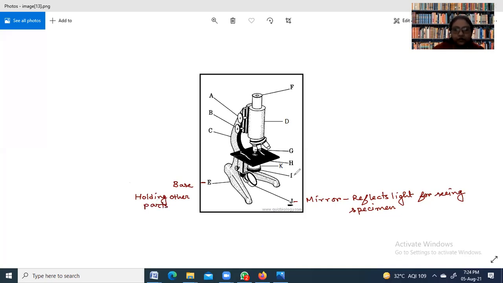Okay. So what is this I? Ma'am, condenser. No, K is the condenser. What is I? Ma'am, a cork-like structure which holds the condenser. No. It is called the iris or diaphragm.